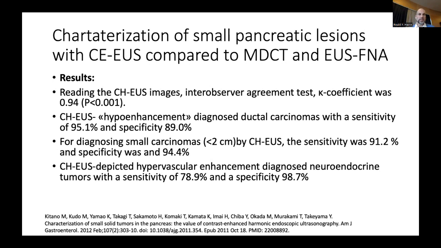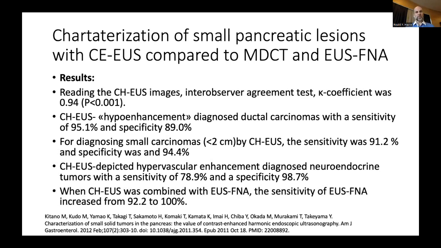The contrast-enhanced EUS depicted hypervascular enhancement, diagnosed neuroendocrine tumors with a sensitivity of 79% and a specificity of nearly 99%. And when contrast-enhanced EUS was combined with EUS fine needle aspiration, the sensitivity of the fine needle aspiration increased from 92% to 100%.